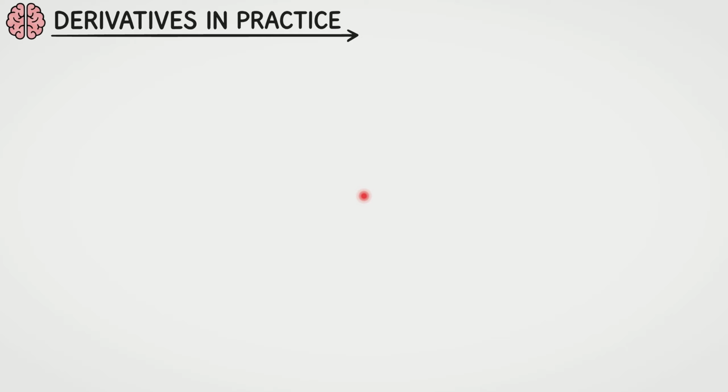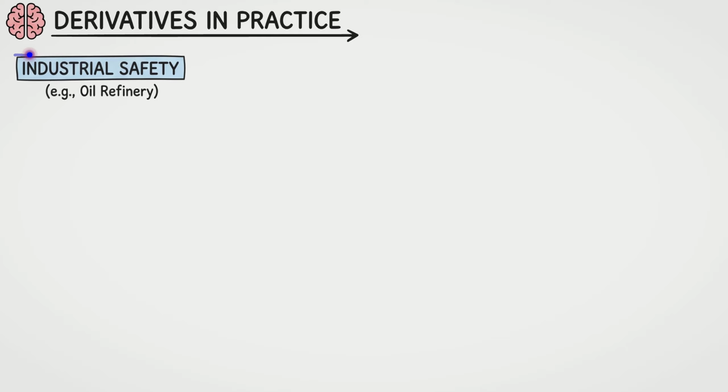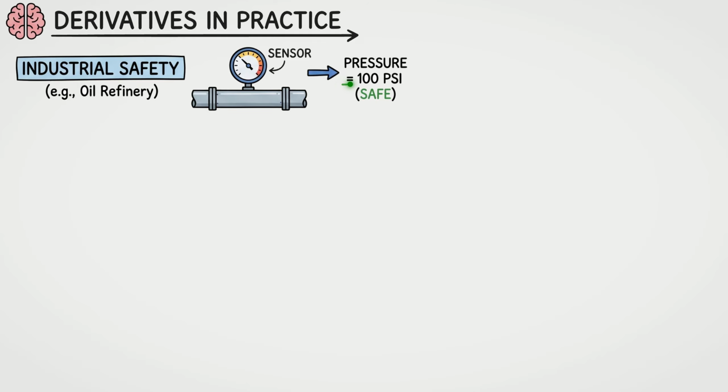Now that we've seen how the slope represents our error, let's look at how derivatives are actually used in practice. In industrial settings like an oil refinery, derivatives are absolutely vital for safety. Sensors are placed on pipes to constantly monitor the internal pressure. If the pressure is currently at 100 psi, the system might seem safe.